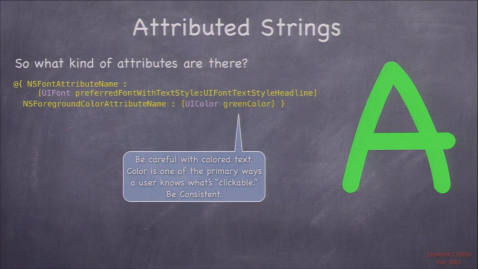Be a little bit careful when you create an attributed string that has colored text, because in iOS 7, the color of text sometimes is an indicator to the end user what they can touch. It turns out apps in iOS kind of have a theme, a color theme. The default is blue. That's why the buttons that we make will be blue.